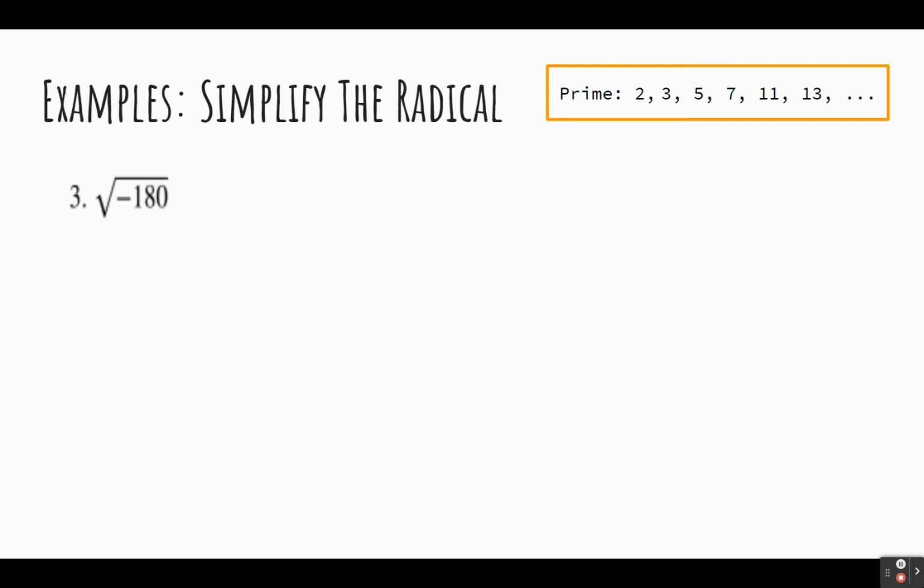let's look at example 3. We have -180. So we're going to first factor out the -1 with the i squared, and then continue our prime factorization, dividing by primes. 2 will go into 180 because it's even, gives us 90.